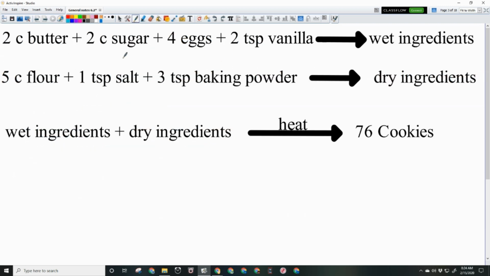And if we mix the flour, the salt, the baking powder together, we're going to get what's referred to as the dry ingredients. And if we take our wet ingredients plus our dry ingredients and apply heat, and in chemical equations, you usually have to provide some kind of heat for a reaction to happen, well, what happens with these cookies is the materials that we mix together, the heat does cause a chemical reaction and produce cookies.